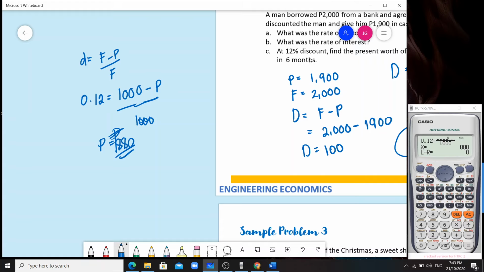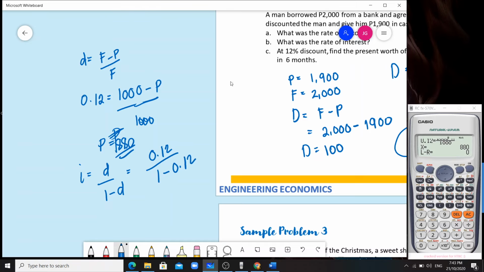We have to convert this first in 6 months. So, paano? Kung 12% to, gamitin natin yung formula ulit na I is equals to D over 1 minus D. Hanapin natin yung I. This is 0.12 over 1 minus 0.12.